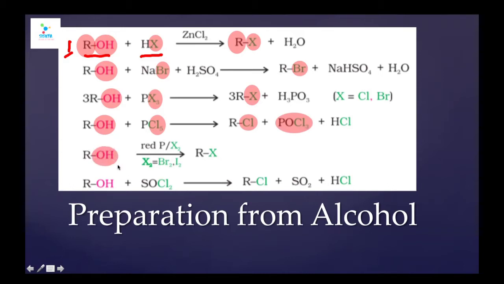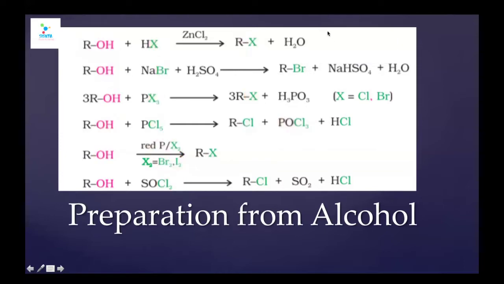In the case of ROH, when I apply red phosphorus in the presence of halide, commonly Br2 and I2 are used, leading to the product RX. Similarly, in ROH, SOCl2 replaces the OH group. So these are the basic 6 reactions we will study today.